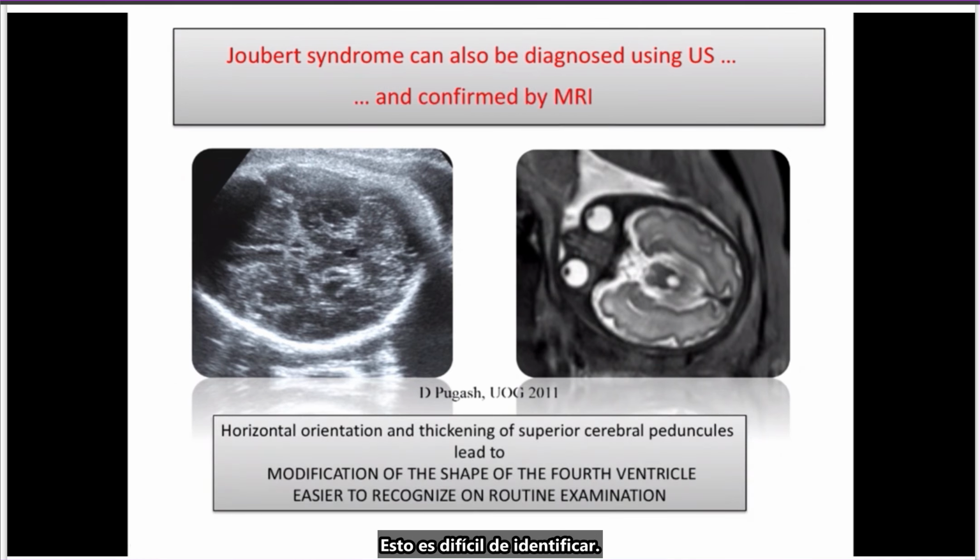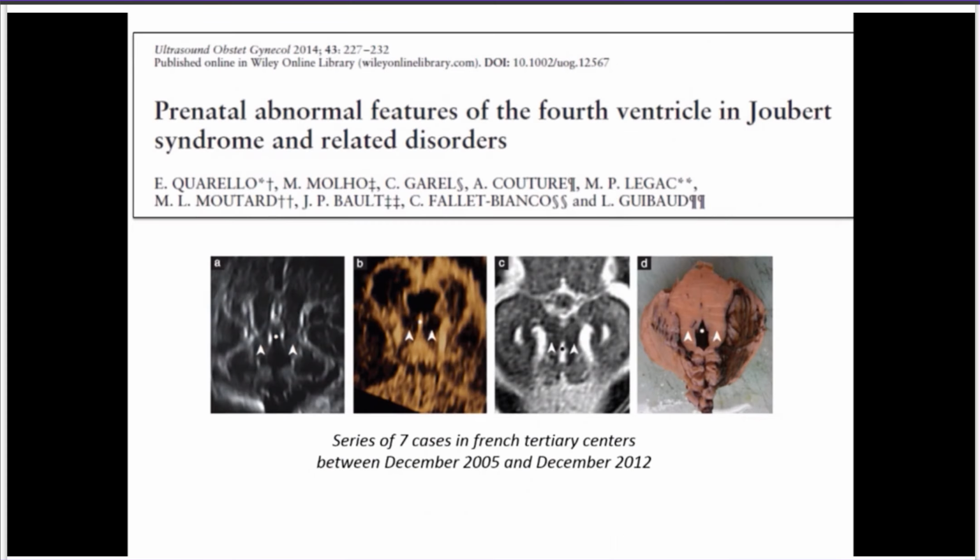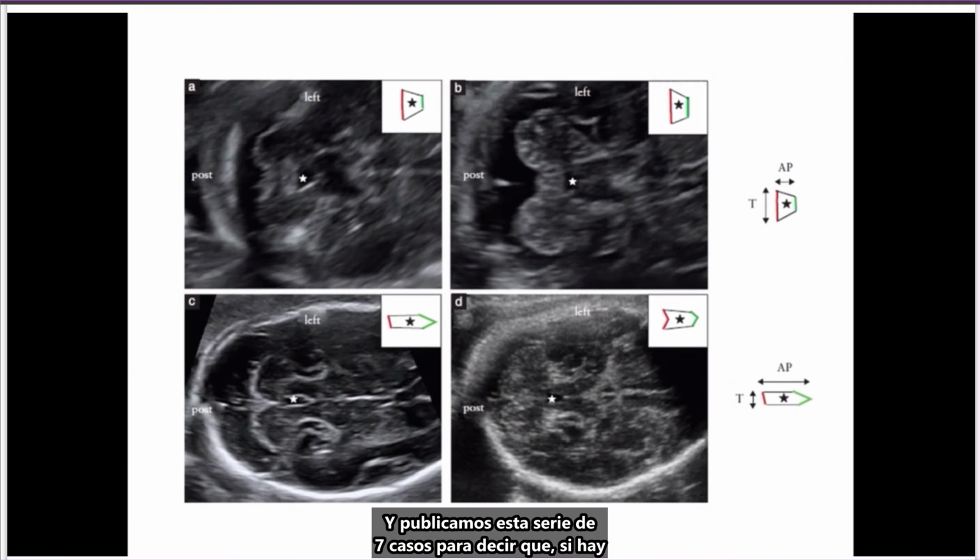This is maybe difficult to identify, but look at the shape of the fourth ventricle. And it's easier to look only at the shape on a routine examination. And we published this series of 7 cases to say that if you have to look at something, look at the shape of the fourth ventricle.